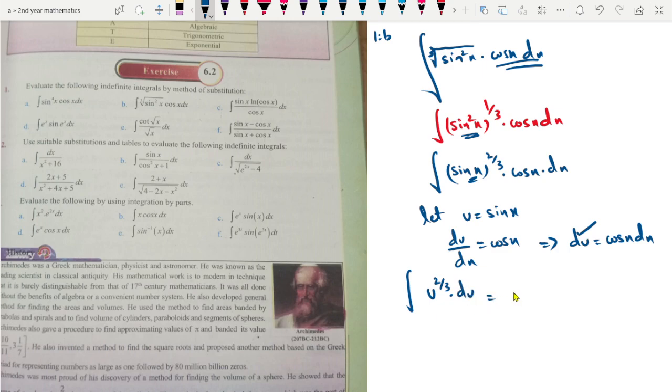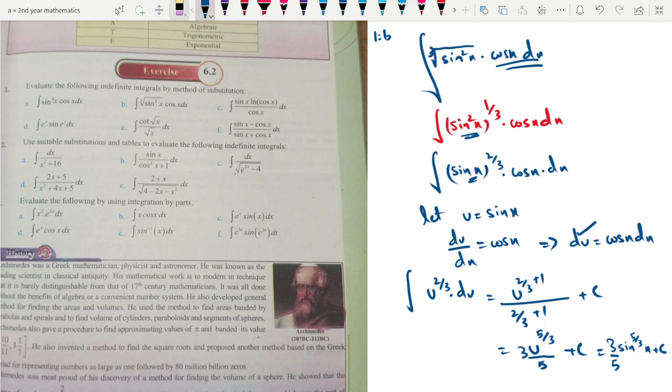This is u to the power 2 divided by 3 plus 1 divided by 2 divided by 3 plus 1, plus c. So this will become u power 5 divided by 3 over 5 divided by 3, plus c. Simply put the value of u, which is sine of x: 3 sine power 5 divided by 3 of x divided by 5 plus c. This is our answer.